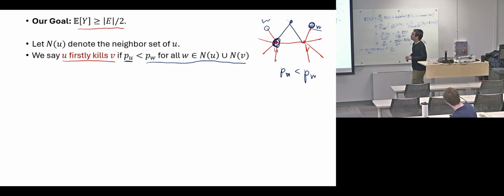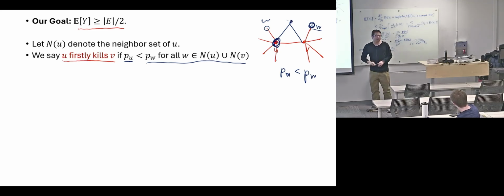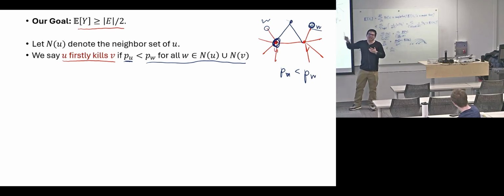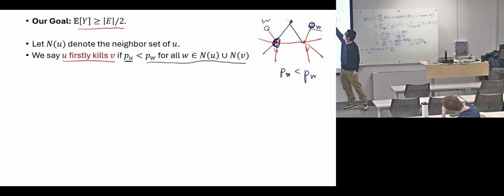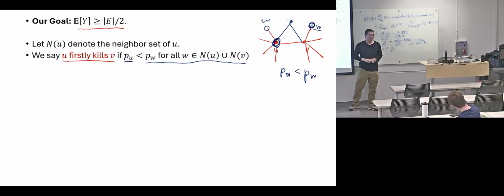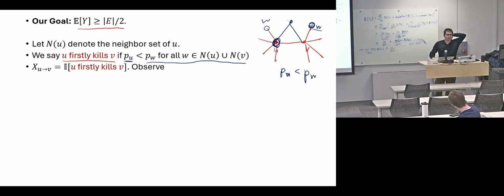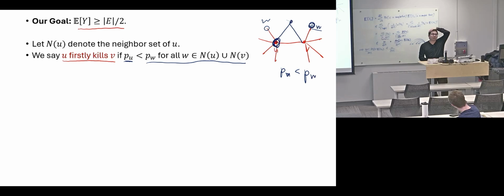In this case, w cannot be in the independent set for sure. But if w is just a neighbor of v only, it could be in the set, but you would kill v first anyway. So that's a trivial case, basically, if it's not a neighbor of both of them.